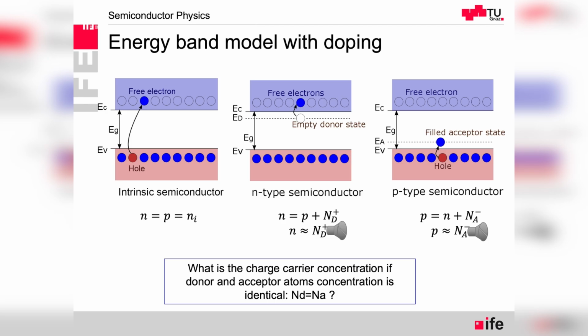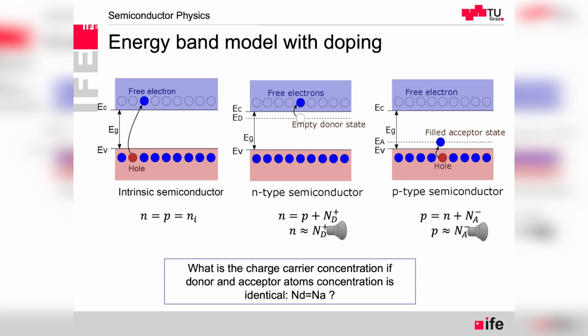In all 3 cases, let's say we have the same type of semiconductor, for example silicon, but it doesn't have to be silicon. We have charge carrier generation in the intrinsic semiconductor, but this same thermal generation happens in the extrinsic, and this causes the intrinsic charge carrier concentration.